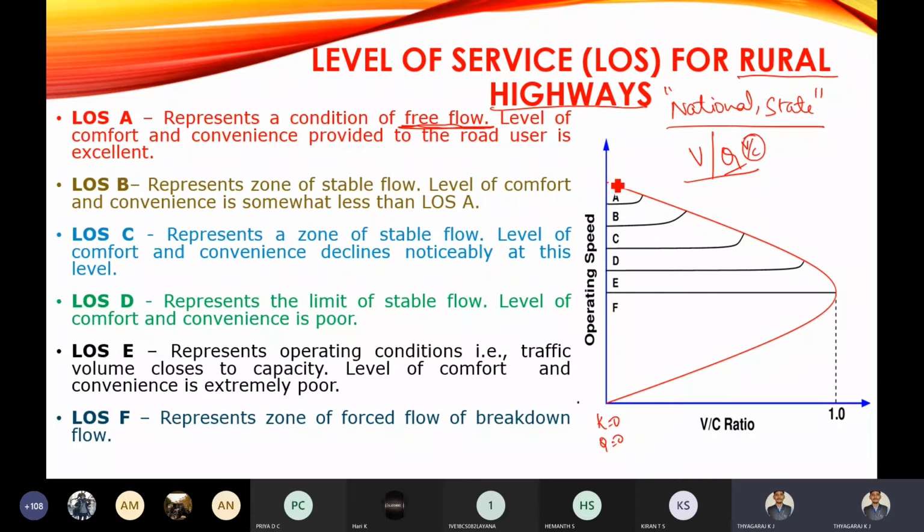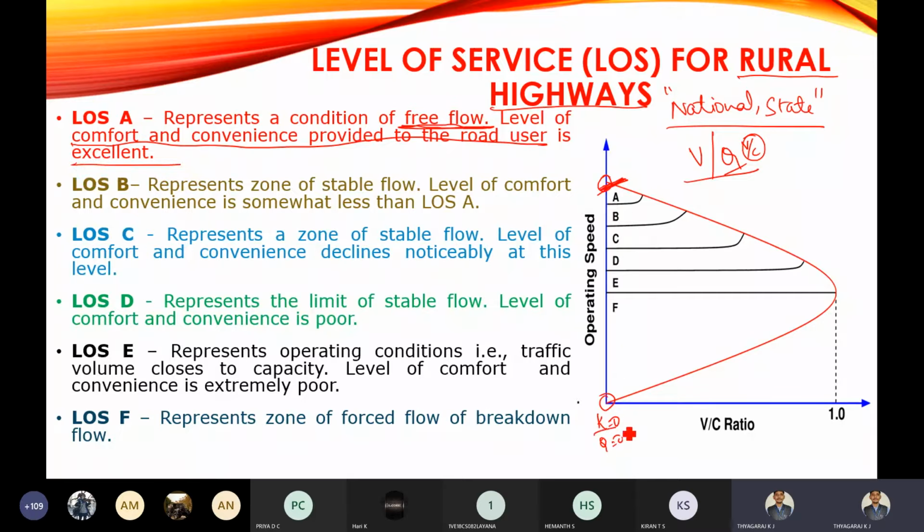What it indicates is that there will be 2 points. So this is the fundamental diagram we will be discussing. When the density or flow is zero, the speed will be maximum. When the speed is maximum, we can say that the vehicles are moving at free flow condition. So it represents a condition of free flow, and the level of comfort and convenience provided for the road user is excellent.